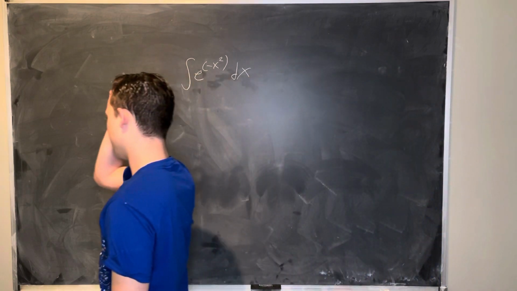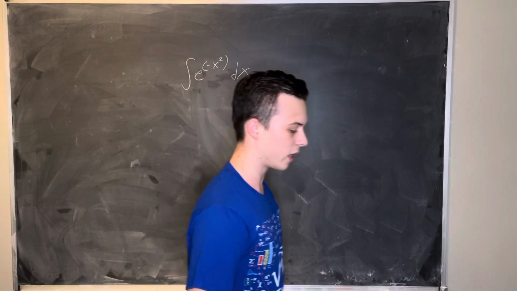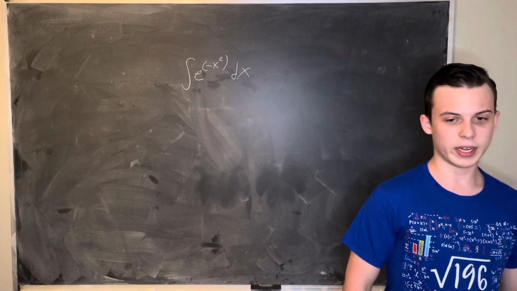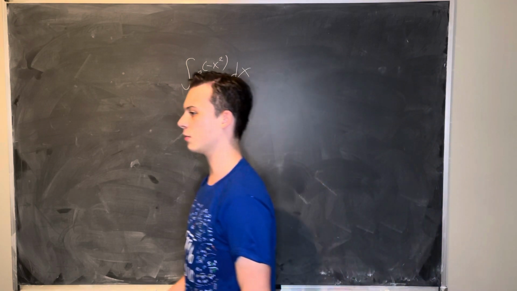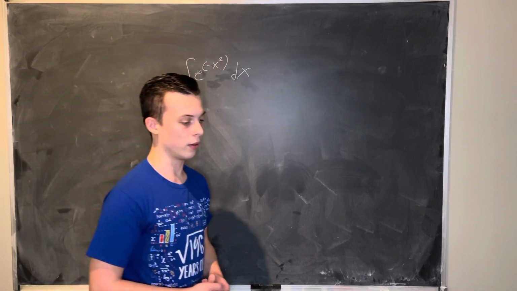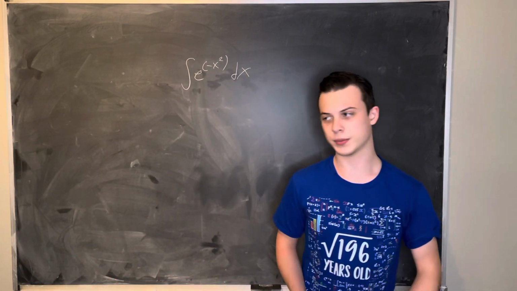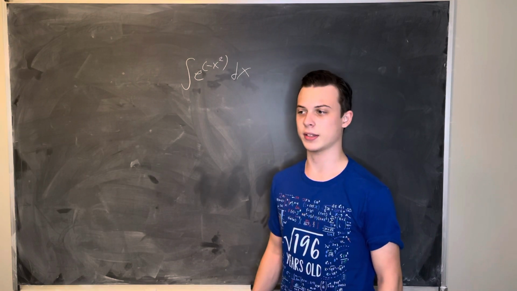And actually, you can find out that this integral is not elementary. So it cannot be expressed in terms of finite amounts of additions, subtractions, nor in terms of trigonometric functions that we know of and that we're comfortable with. So we would say, okay, well, how do I integrate this then?